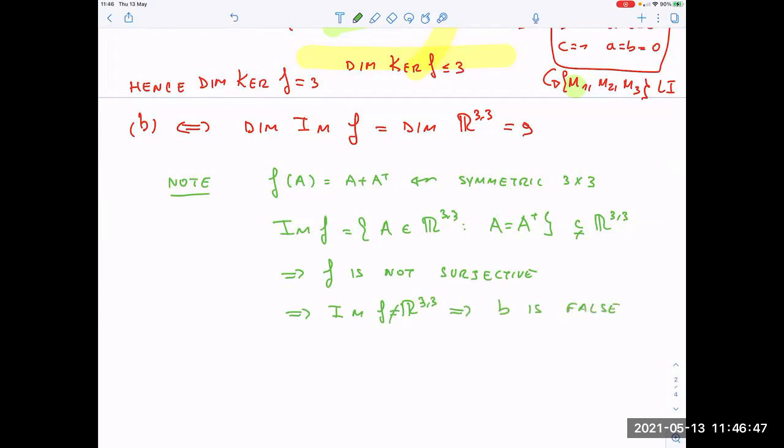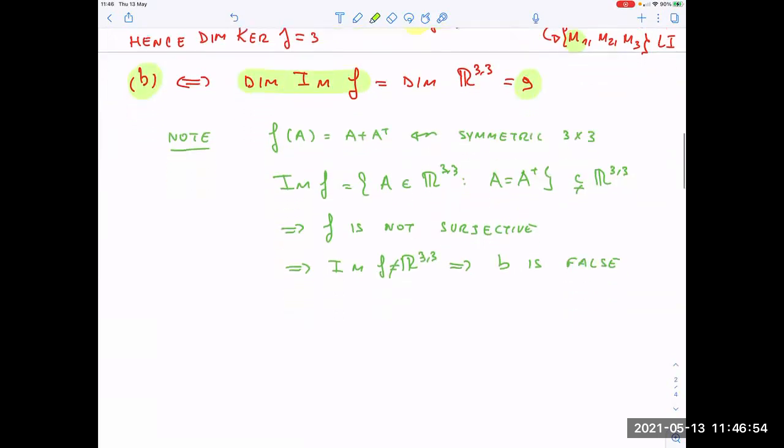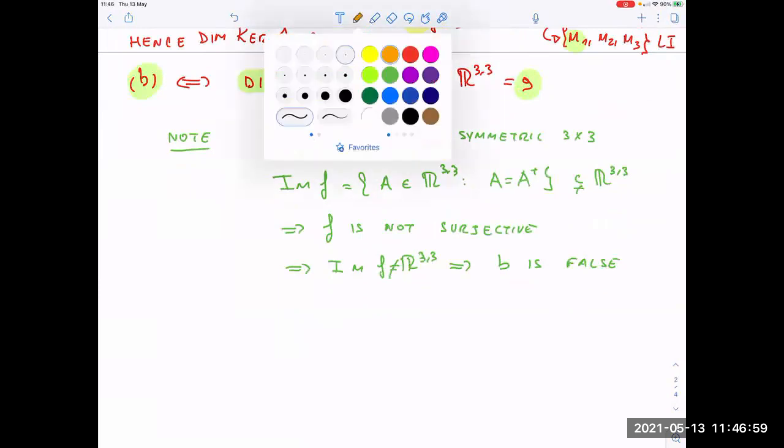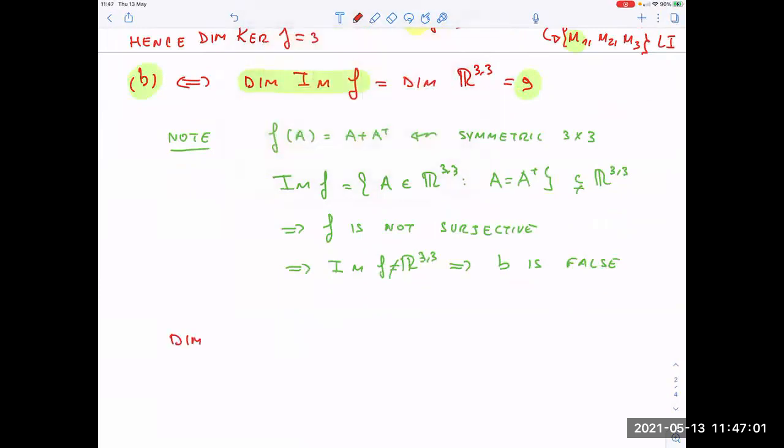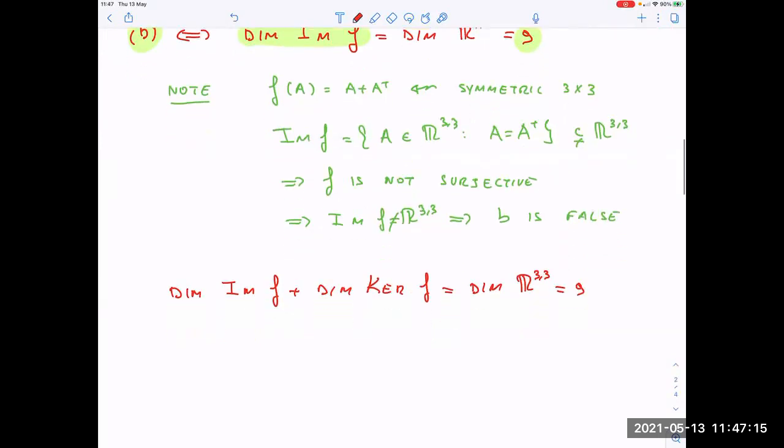Another way is to note that to have B, you must have the dimension of the image equal to 9. But we have the rank nullity theorem telling me that the dimension of the image plus the dimension of the kernel must be equal to the dimension of the starting space, which is 9. So this is 9 also, and so this means that this is 0.